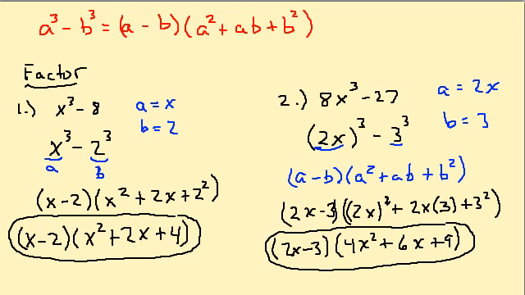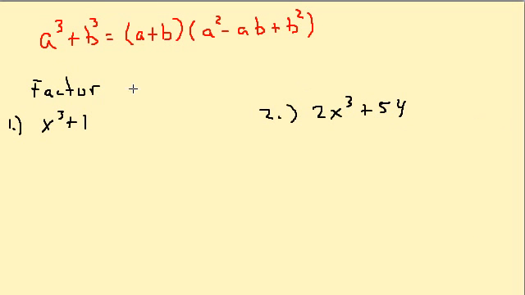Okay. Now, let's take a look at the other formula, the sum of two cubes. So I have a cubed plus b cubed is equal to a plus b times a squared minus ab plus b squared. So I've got x cubed plus 1. Is that the sum of two cubes? Yeah, because I can write this as x cubed plus 1 cubed.